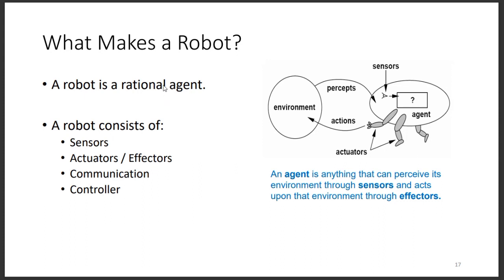Okay, what is a rational agent? A rational agent is a person or entity that always aims to perform the optimal action based on the given information. It takes information from the environment, using sensors, and then performs action.